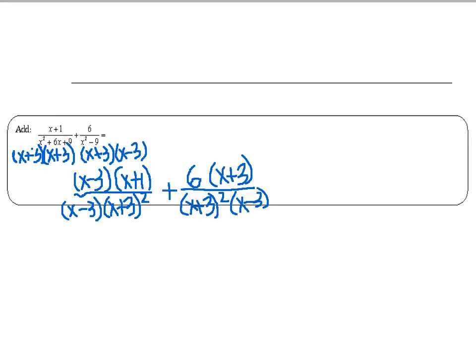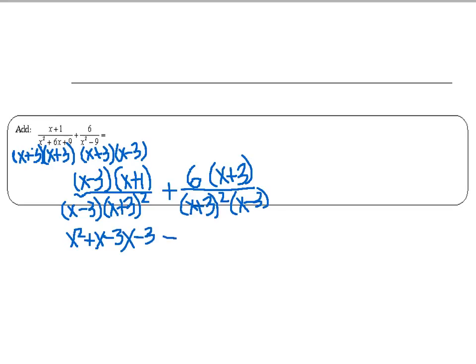So now let's do some simplifying. So the top of this first one, x times x is x squared. x times 1 is 1x. Negative 3 times x is negative 3x. Negative 3 times 1 is minus 3.